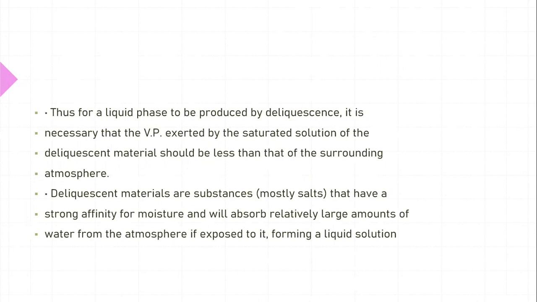Thus, for a liquid phase to be produced by deliquescence, it is necessary that the vapor pressure exerted by the saturated solution of the deliquescent material should be less than that of the surrounding atmosphere. Deliquescent materials are substances, mostly salts, that have a strong affinity for moisture and will absorb relatively large amounts of water from the atmosphere if exposed to it, forming a liquid solution.